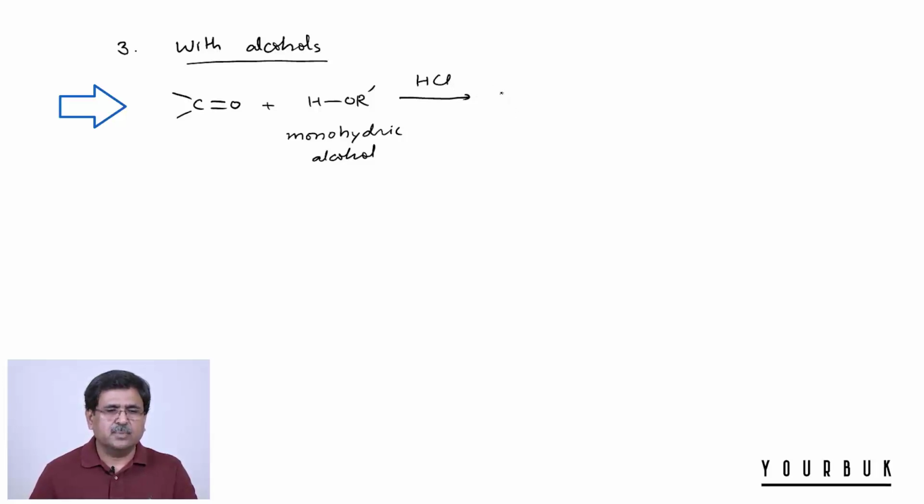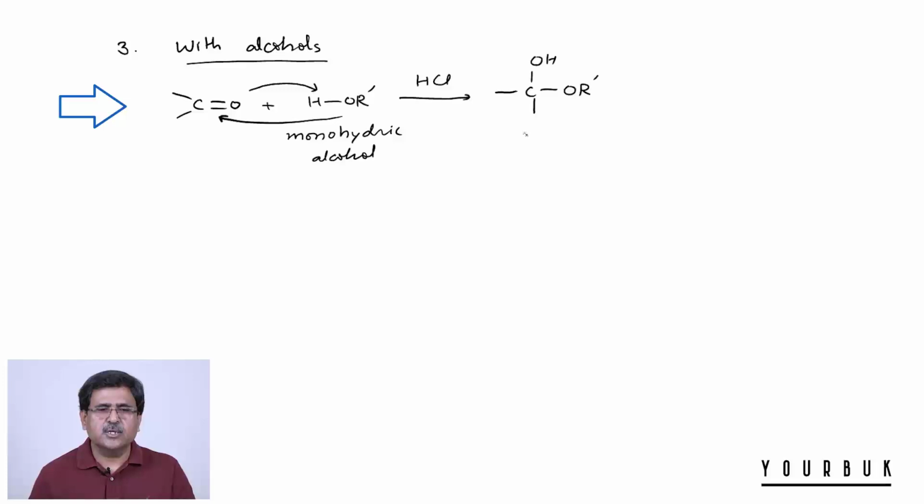So the addition takes place to give this first product. This is the addition product, in which the hydroxyl and the alkoxy group are both present at the same carbon. Now this product is called hemiacetal.